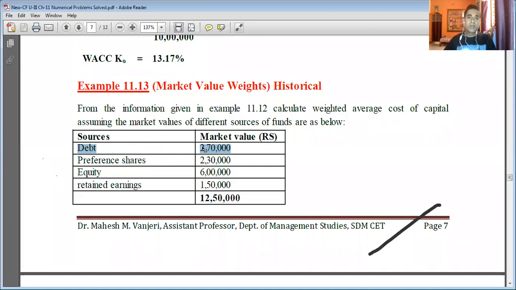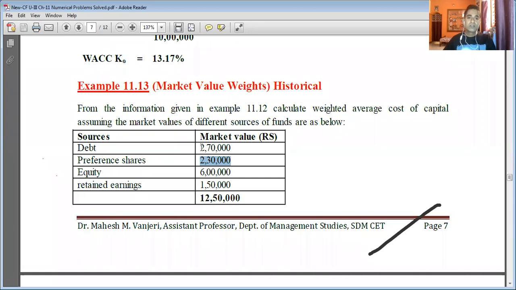So the market value is represented as an aggregate. The price of the debenture in the market multiplied by the number of debentures, or the face value of the debentures, gives you the market value. Similarly for preference shares, you get the aggregate market value.